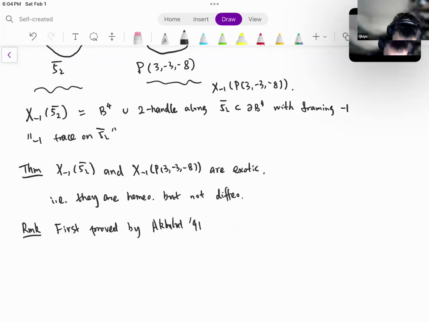The way he showed that those four-manifolds are homeomorphic is via a sequence of Kirby moves to show that at least the boundaries of those four-manifolds are homeomorphic.